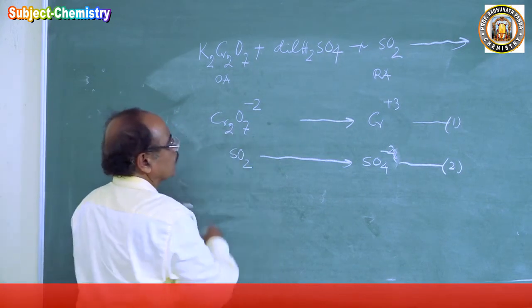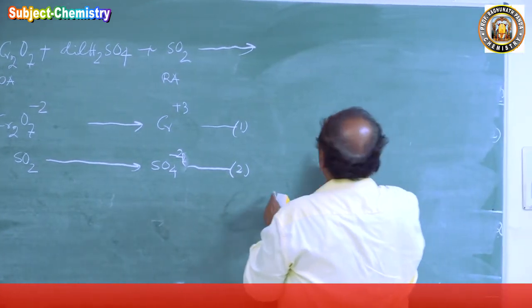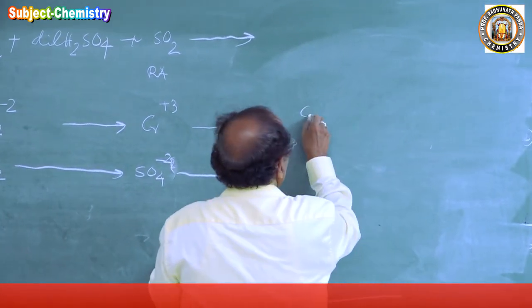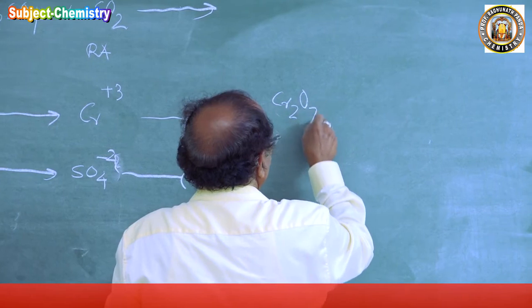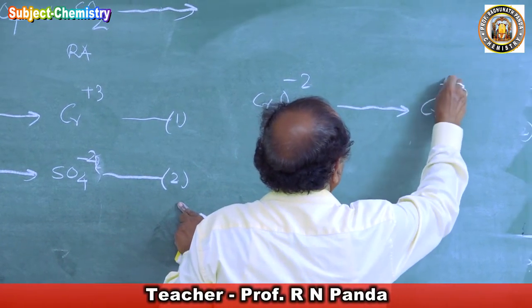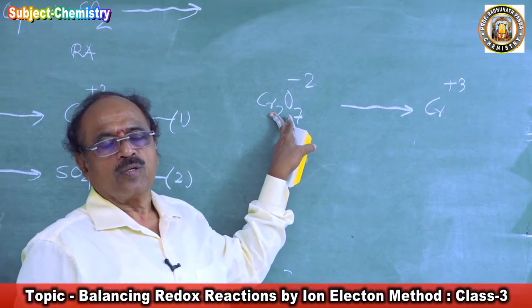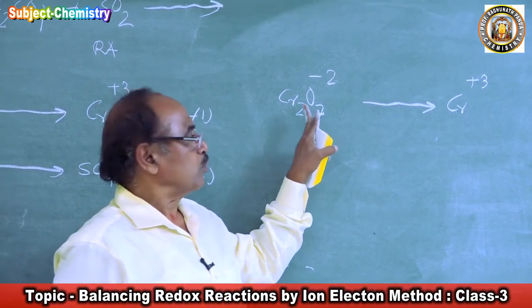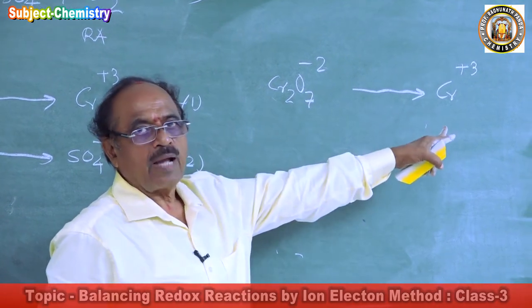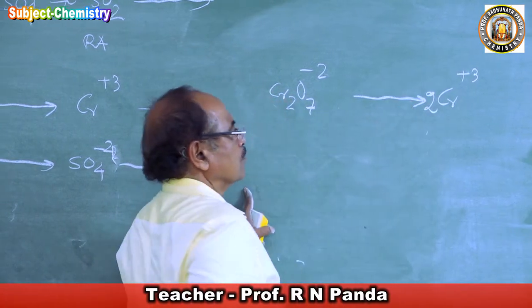So let's come to potassium dichromate. Cr2O7 minus 2 is forming Cr plus 3. What does the rule say? Balance the atoms. Left side we have 2 chromium atoms, right side we have 1 chromium atom, so we multiply this by 2.